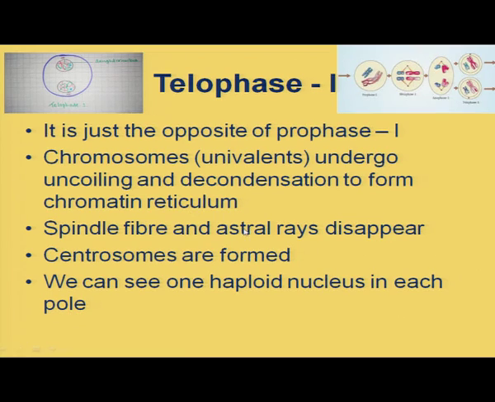Spindle fibers and astral rays will disappear. And centrioles surrounded by clear area form the centrosomes. Centrosomes are formed and we can see one haploid nucleus in each of the poles. So, this particular stage we call telophase.